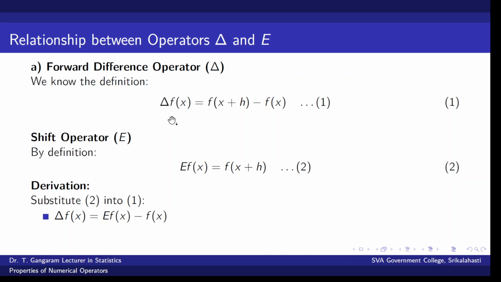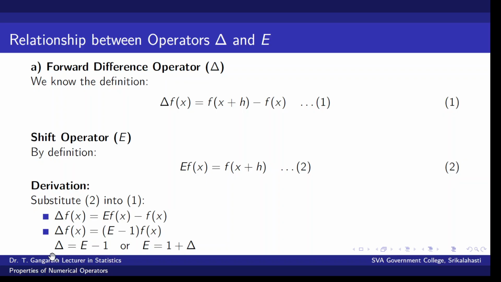So from 1, delta f of x is equal to E of f of x minus f of x. By commoning f of x, we know that delta f of x is equal to E minus 1 into f of x. This leads to the result delta equal to E minus 1.